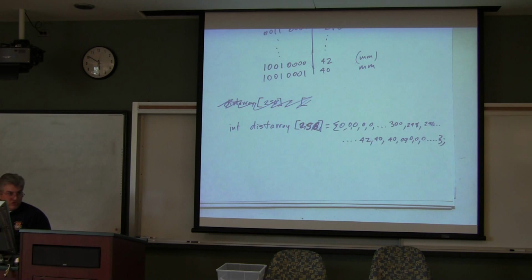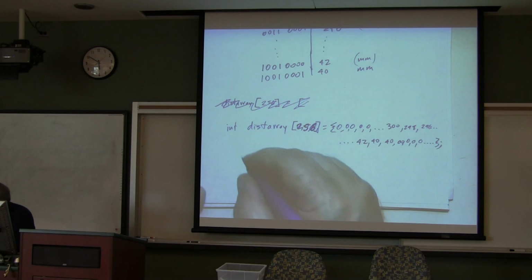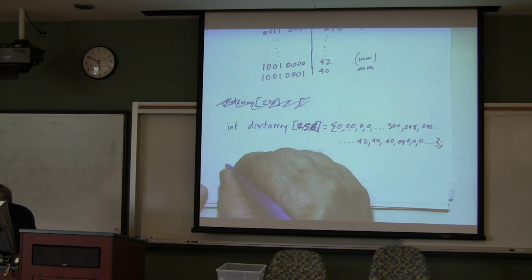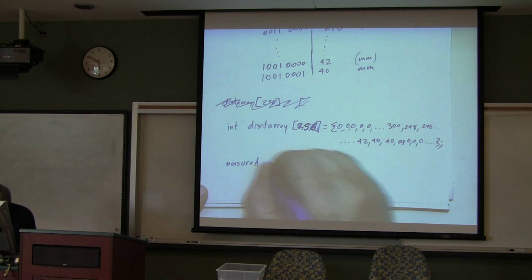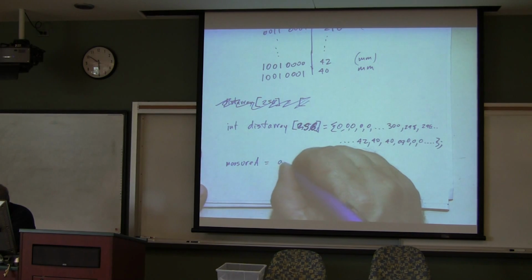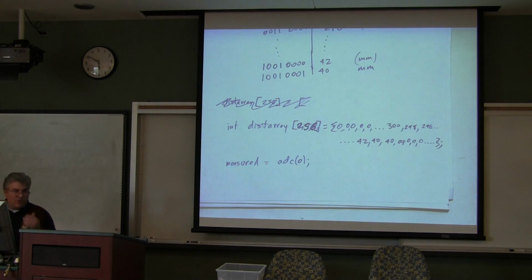And then when you actually use it somewhere, again using C, you'll say something like, measureA is equal to ADC port 0, for example, if we hooked it up to port 0 of the ADC converter.